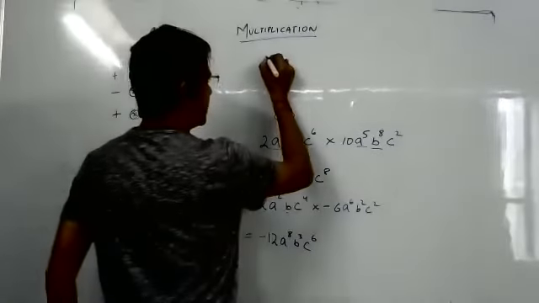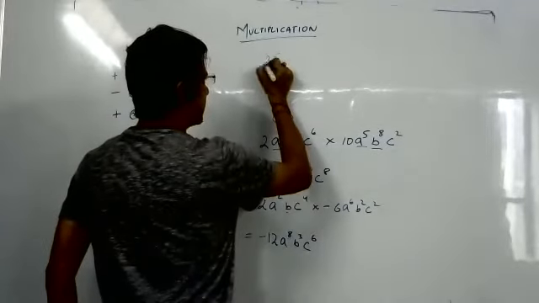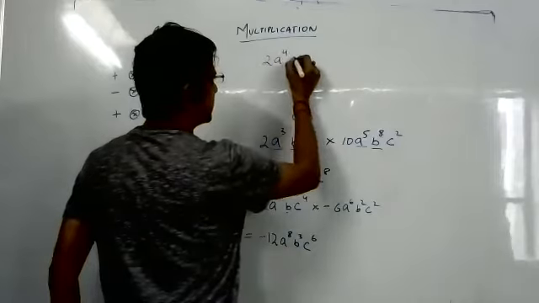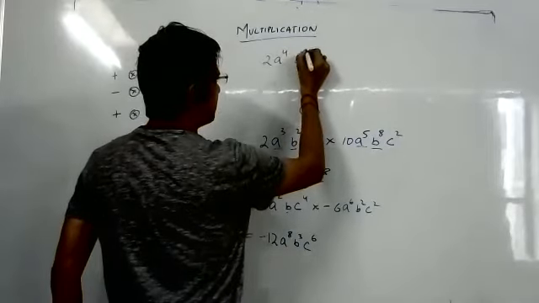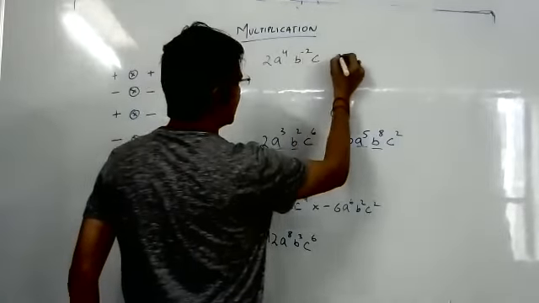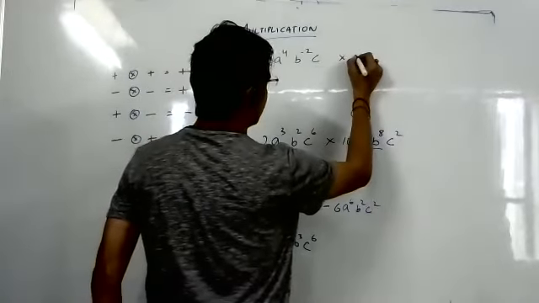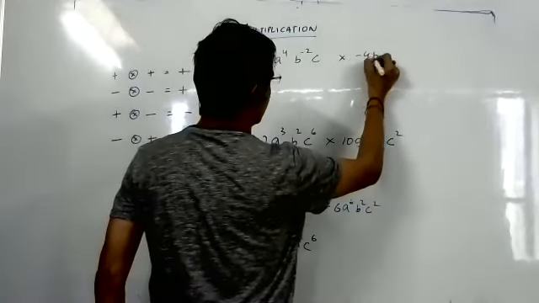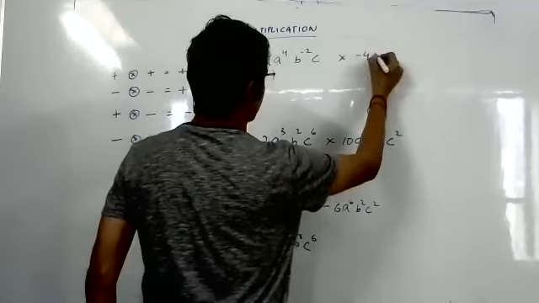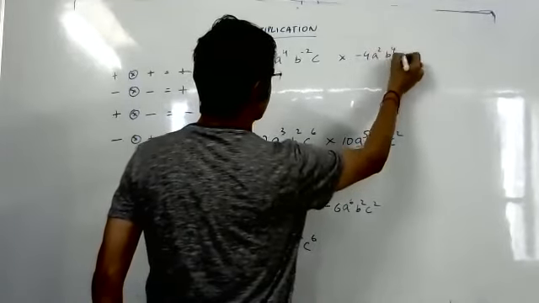Next. 2a4 b minus 2 c multiplied by minus 4 a 2 b 4 c.